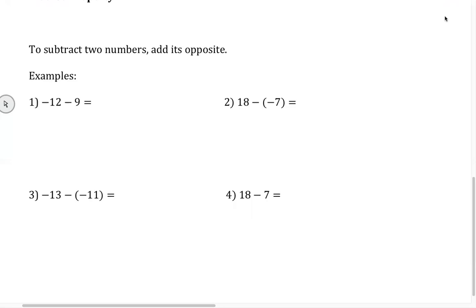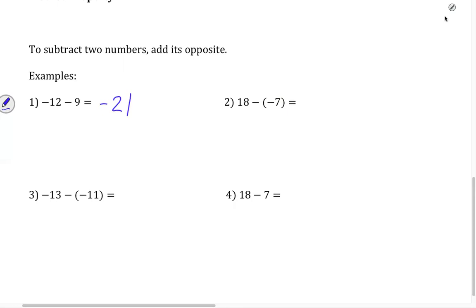What about Drew? If you borrow 12 and you borrow 9, how much have you borrowed from me, Drew? 21. And borrowing is not good, so it's going to be negative 21.